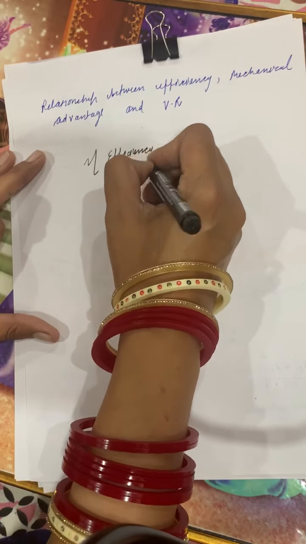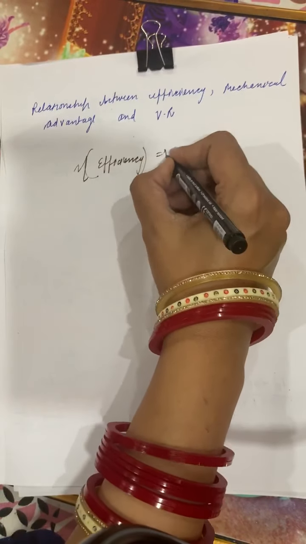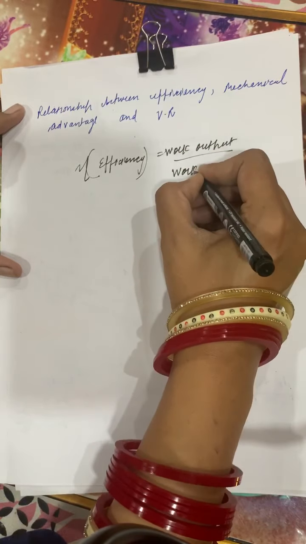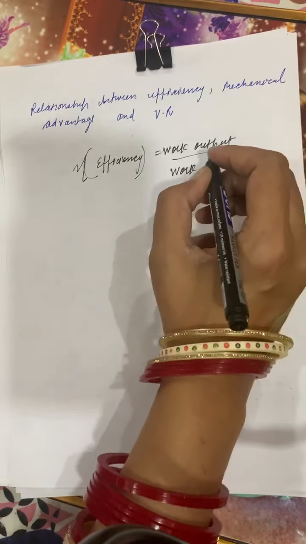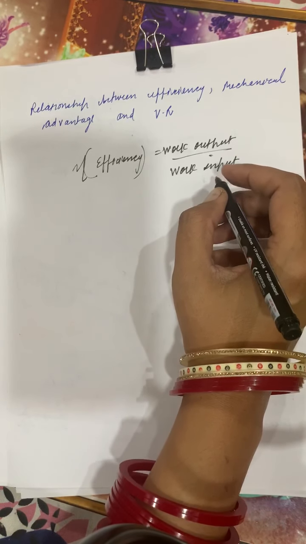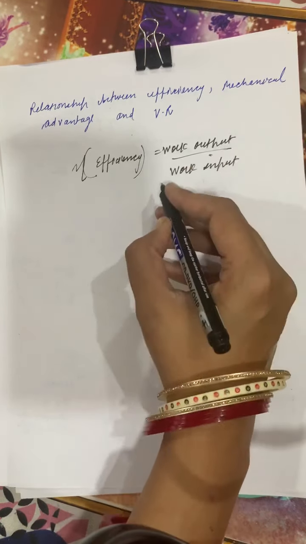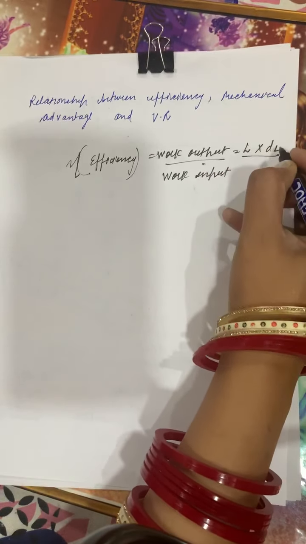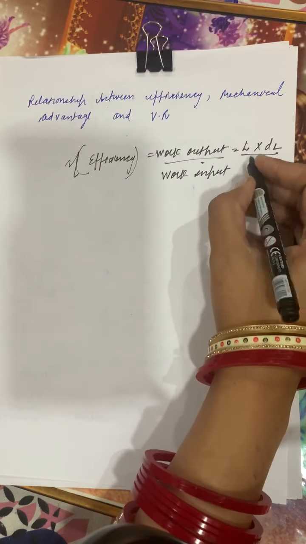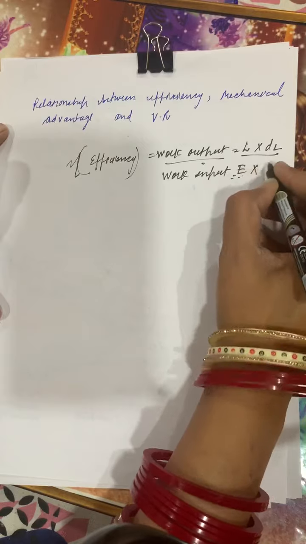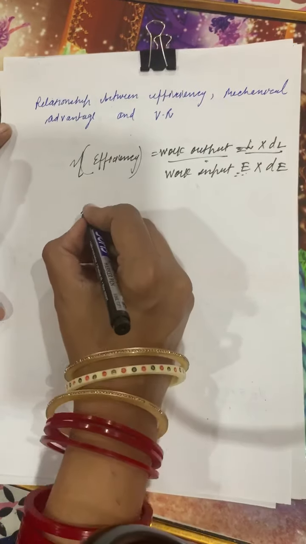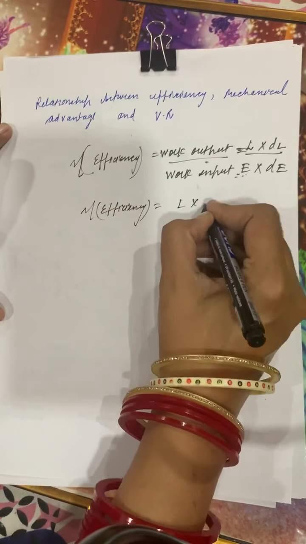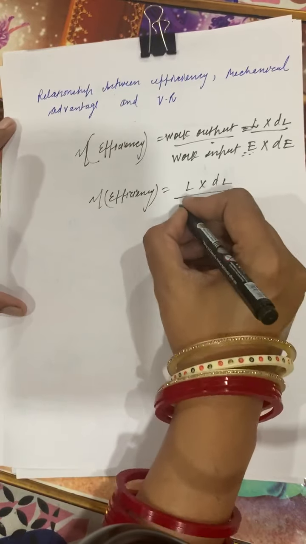Eta is the ratio of work output to work input. Work output is the work done by the machine on the load, so force into displacement of load. Work input is the work done by the effort, so force, that is effort, into displacement of effort. So we have efficiency equal to load into displacement produced by the load, divided by effort into displacement of effort.